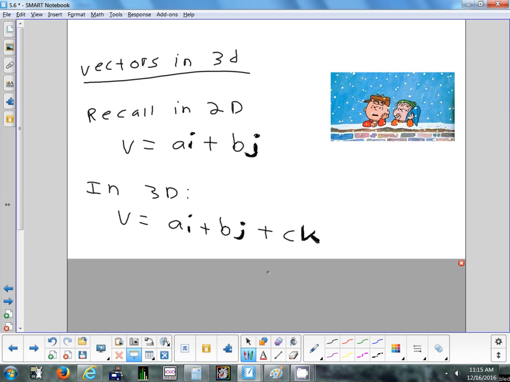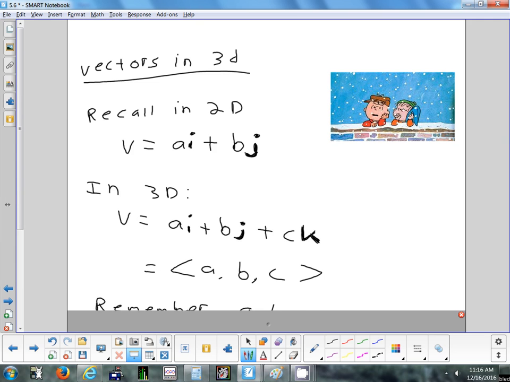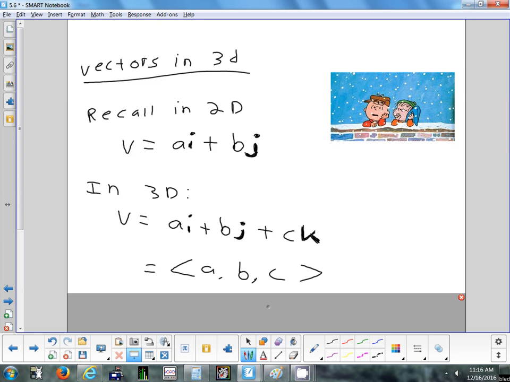Just like a coordinate in 3D, a vector in 3D has 3 parts to it. If you were going to write it in our other notation, you could put the angle brackets, except now inside the brackets you don't just have 2 numbers. You have the x component, which is A, the y component, which is B, and now the z component, which is C.